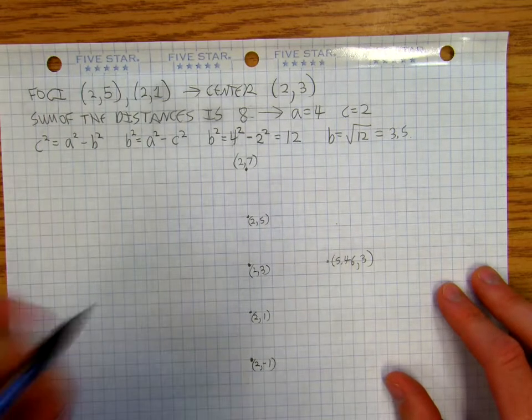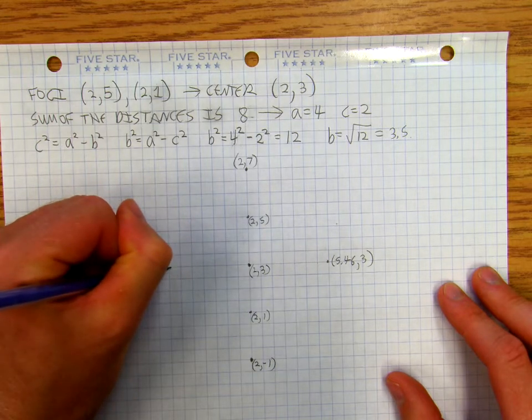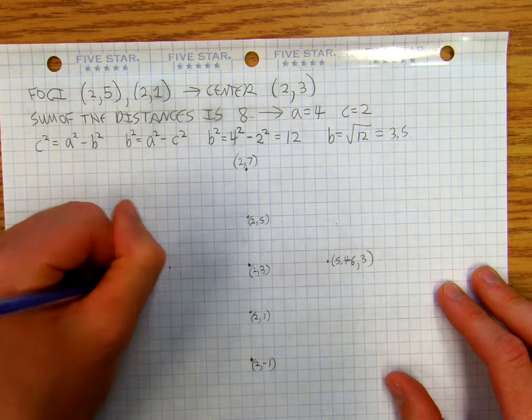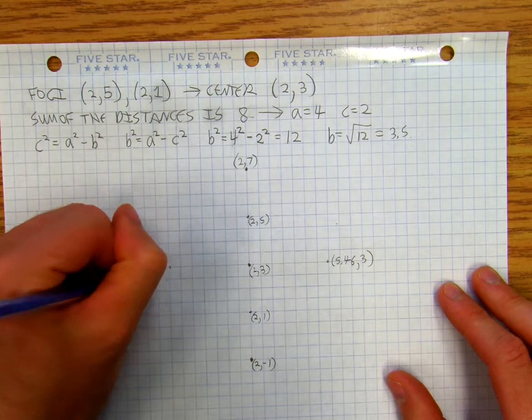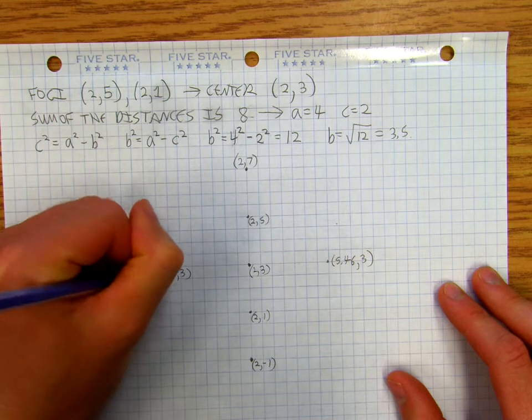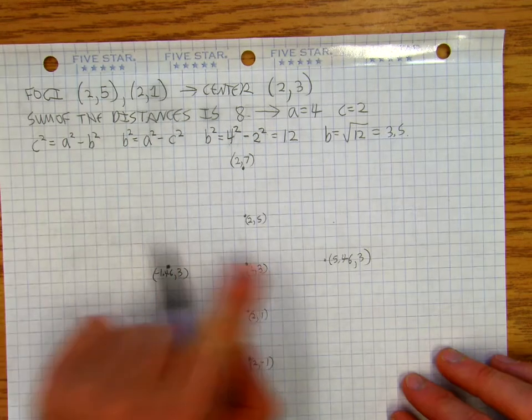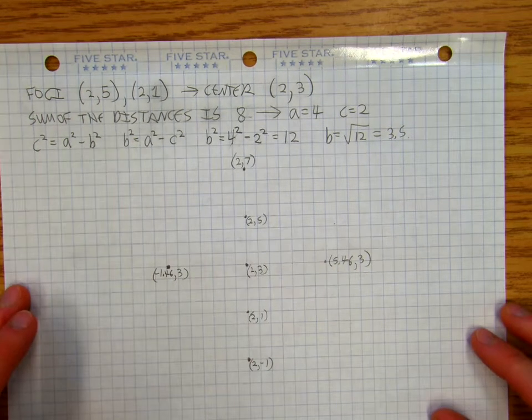And then I go 1, 2, 3, negative 3.46. So that's going to be (-1.46, 3). And so those are the endpoints of my semi-minor axis.